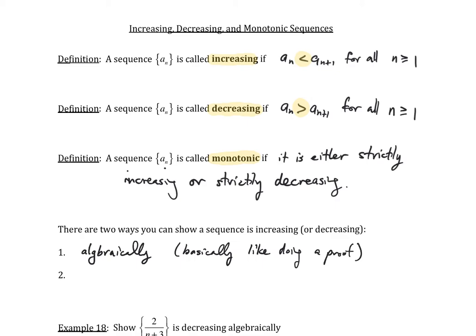The other way that we can show a sequence is increasing or decreasing is we create a function that agrees with our sequence, and we take a derivative.